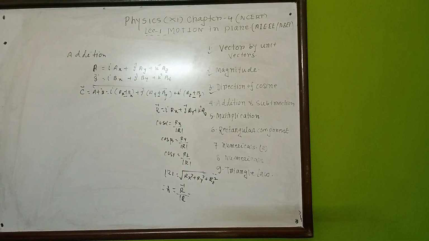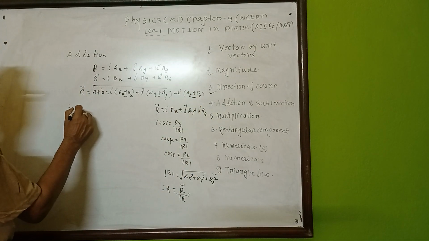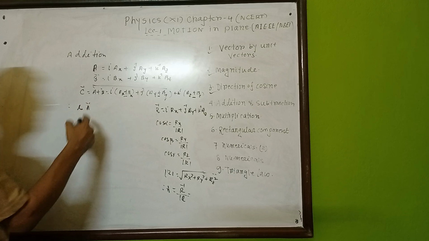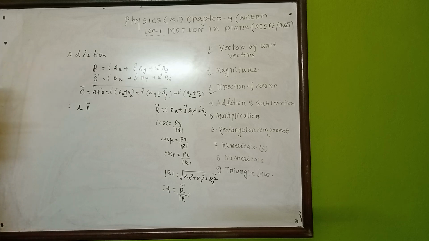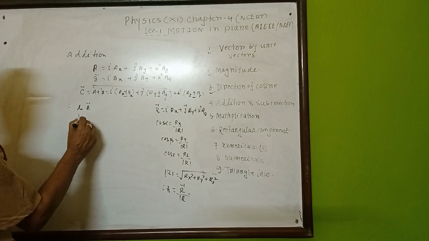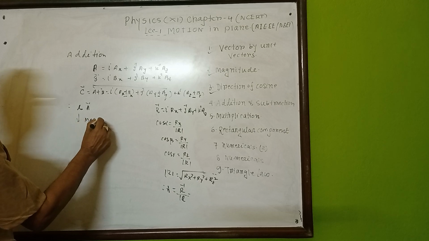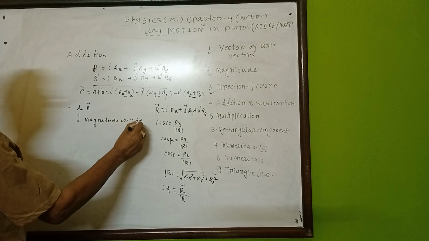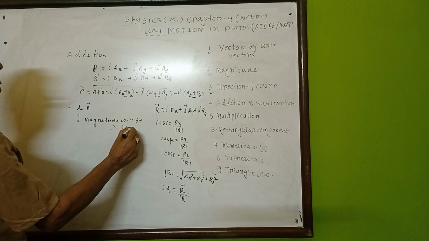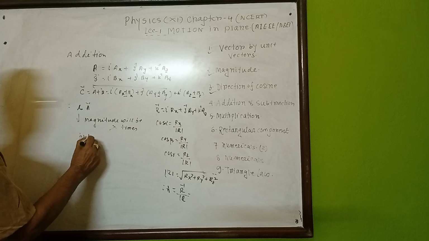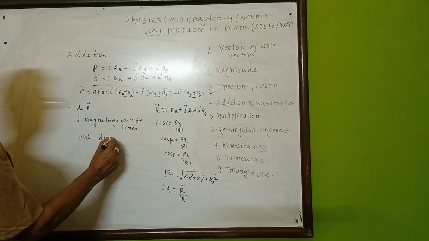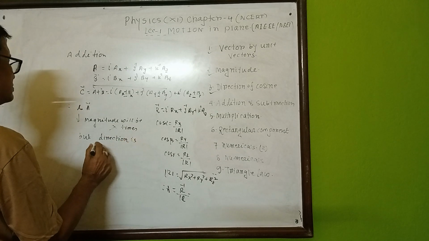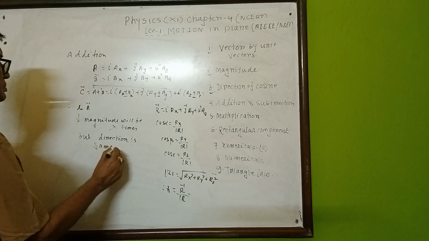Suppose A is a vector and you multiply it by lambda, a real number. Then the magnitude of A will be lambda times, but the direction will remain unchanged. Clear?